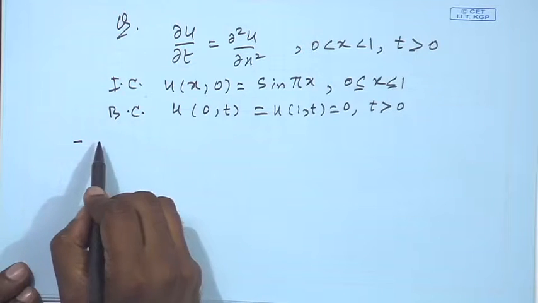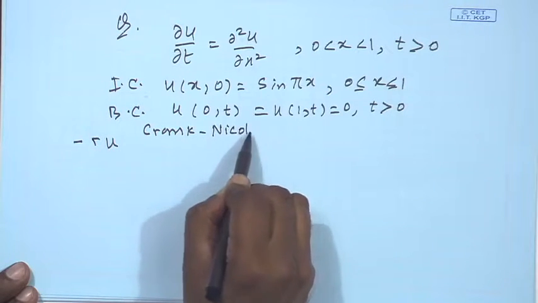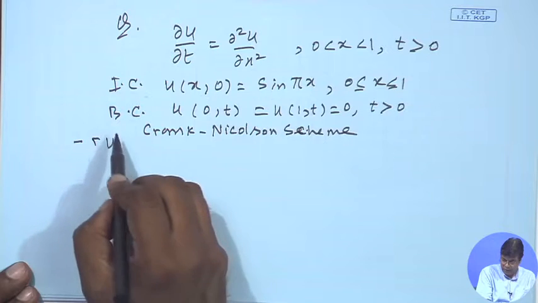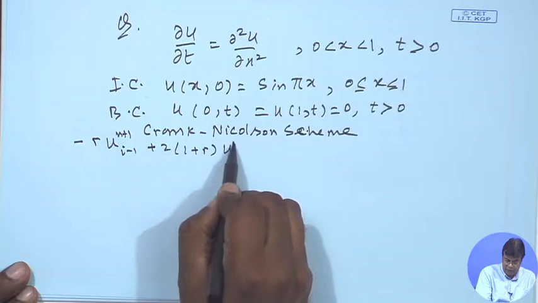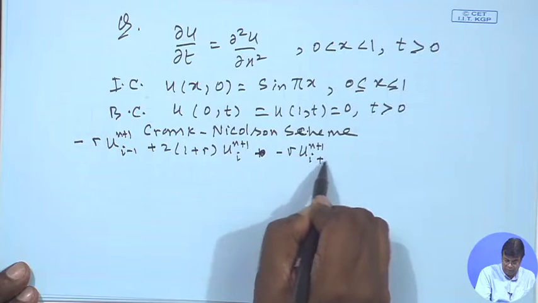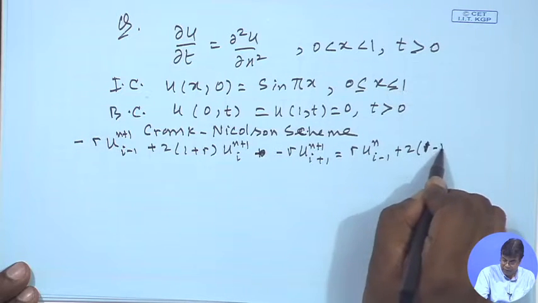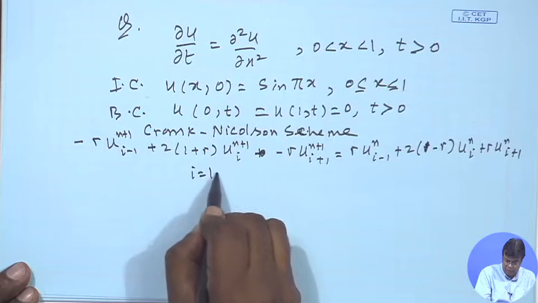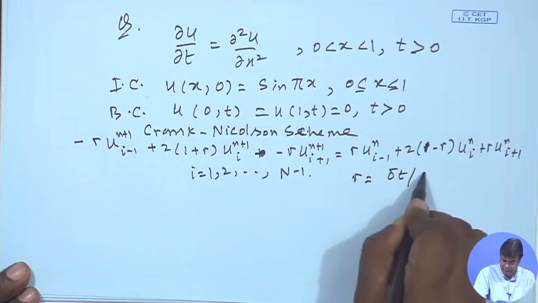So if I write the Crank-Nicolson scheme corresponding to this, it is u n plus 1, i minus 1 minus 2 into (1 plus r) u n plus 1, i plus u n plus 1, i plus 1 equal to minus r u n, i minus 1 plus 2 into (1 minus r) u n, i minus r u n, i plus 1, for i equal to 1, 2, etc. up to n minus 1, and r equal to nu delta t by delta x whole square, here nu is 1.